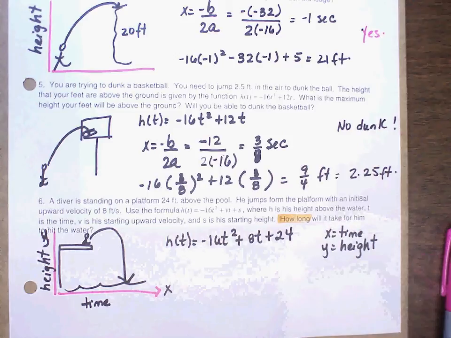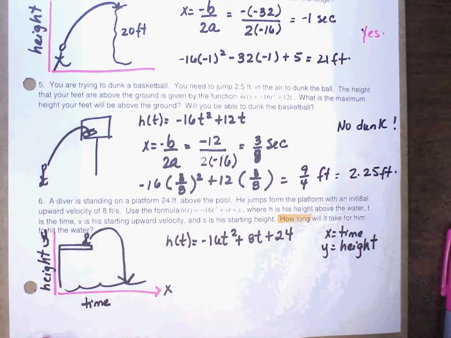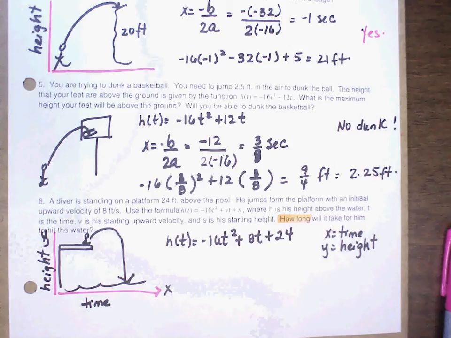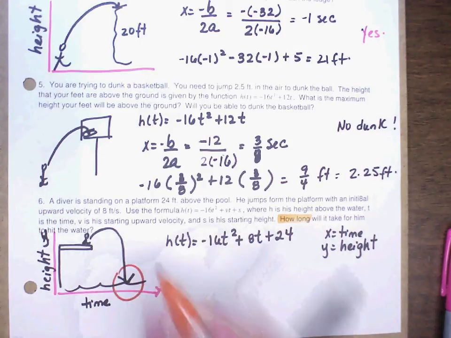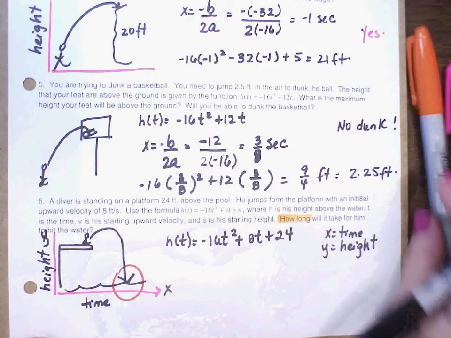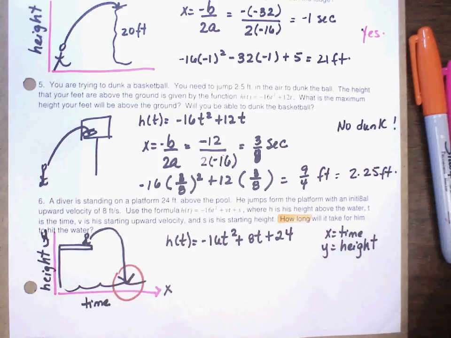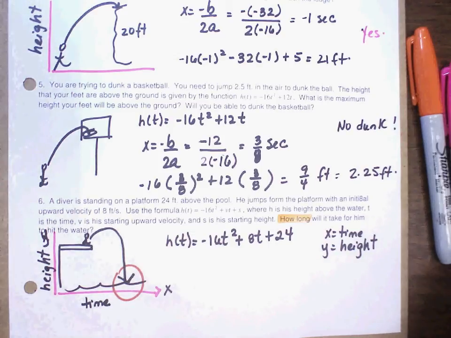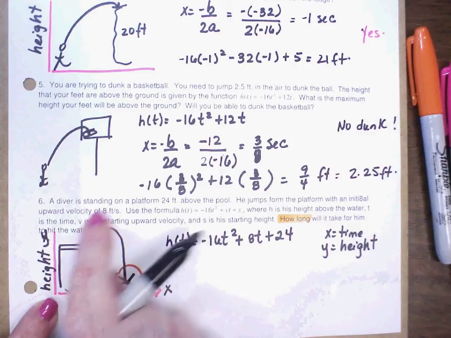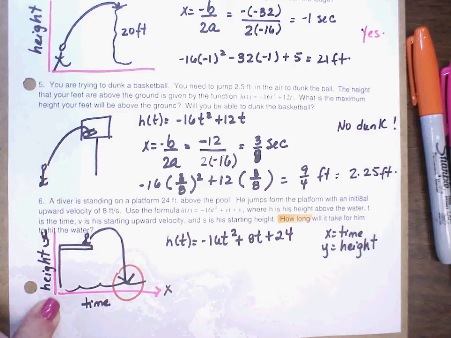So what are you looking for? Tell it. You don't tell me you're looking for your x, because there's 100 billion x's. I'm looking for my x-intercepts, which are also called my zeros, which are also called my roots. That's what I'm looking for, because I want to figure out how long it took him to jump and get into the water. So what do I need to do? Solve this equation.